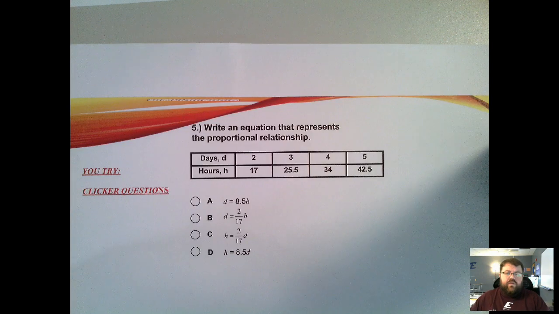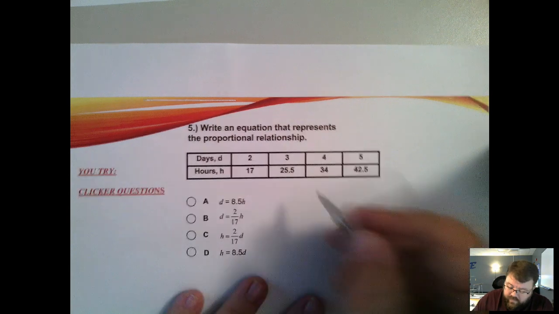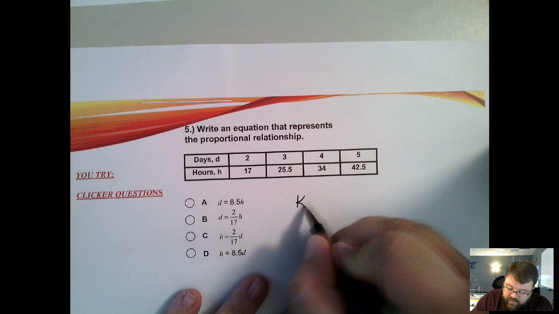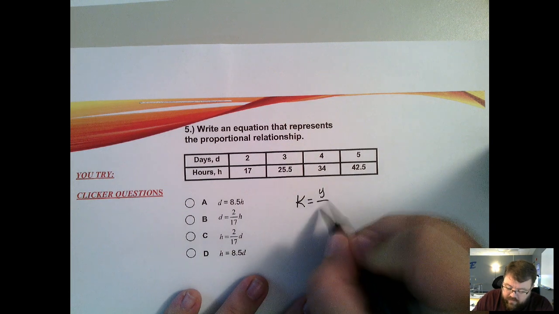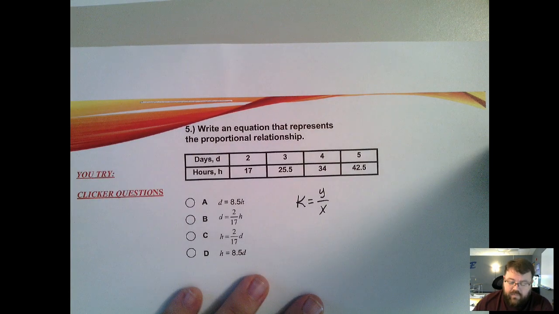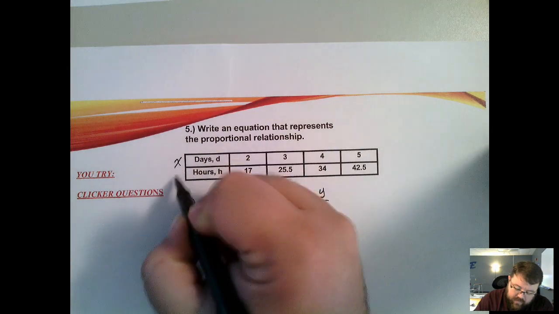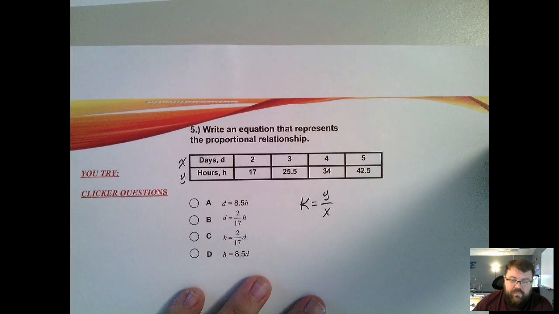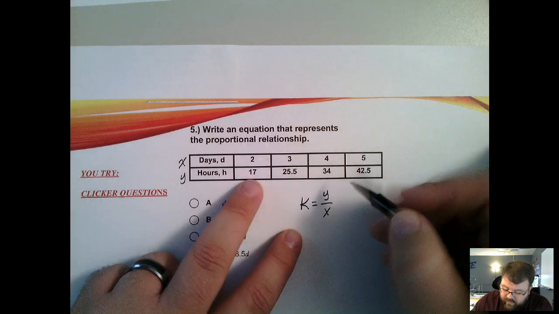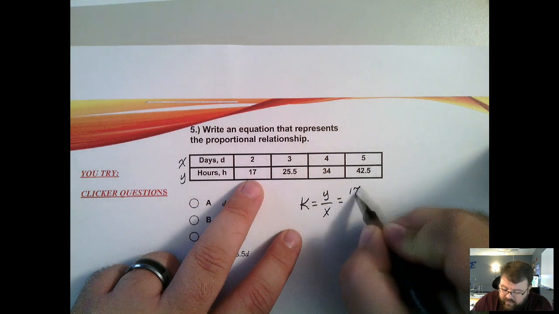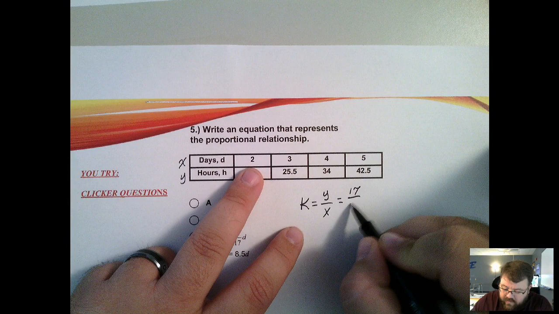Last one. Write an equation that represents the proportional relationship. For this one, I want you to go ahead and determine the constant of proportionality. For the constant, you needed to know k is equal to y over x. All right, you have x and y. So you have the first value of y is 17, and then days is 2.